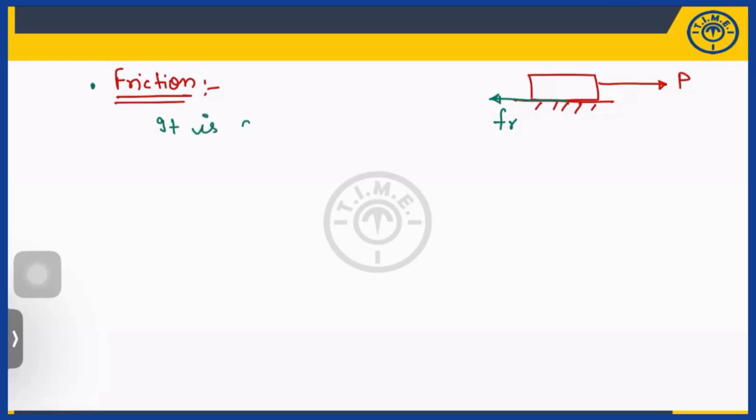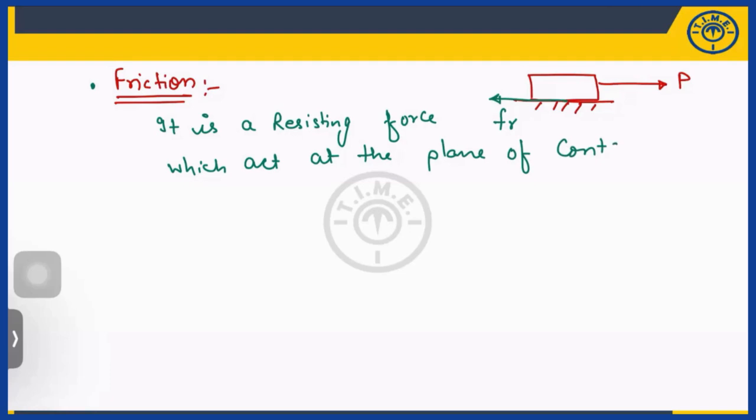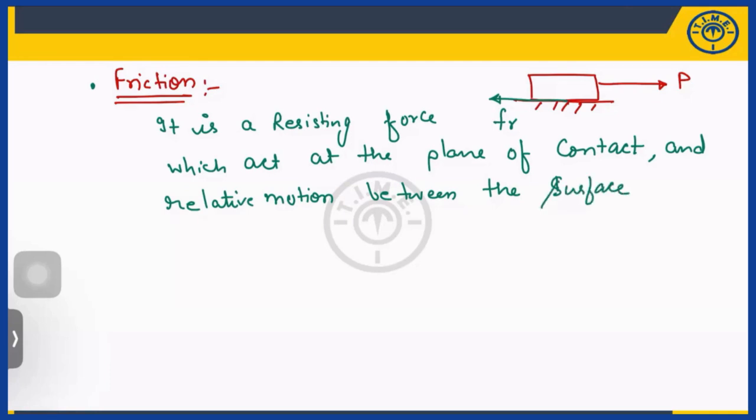It is a resisting force which acts at the plane of contact, and the relative motion between the surfaces is retarded by this force.